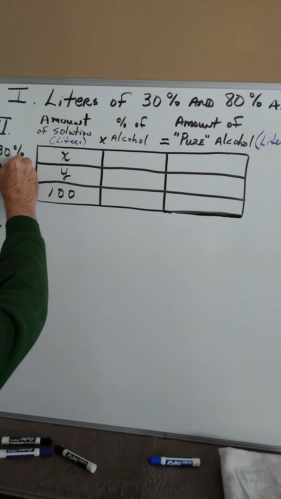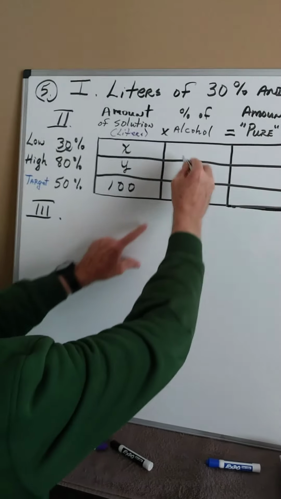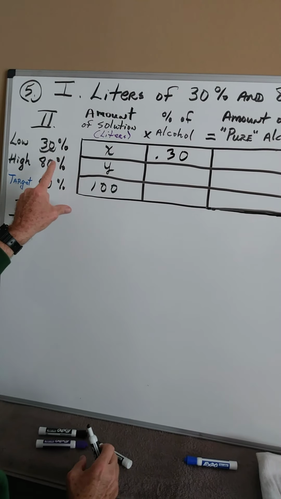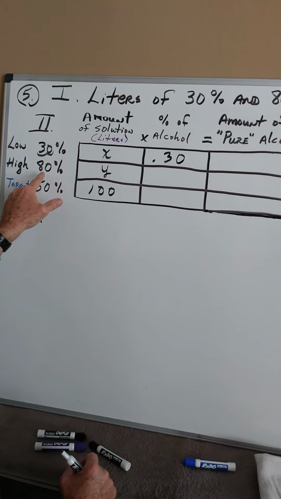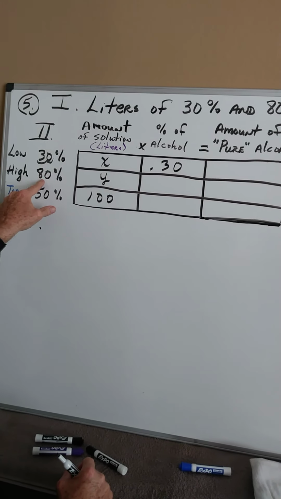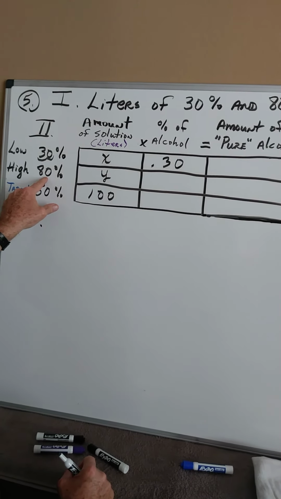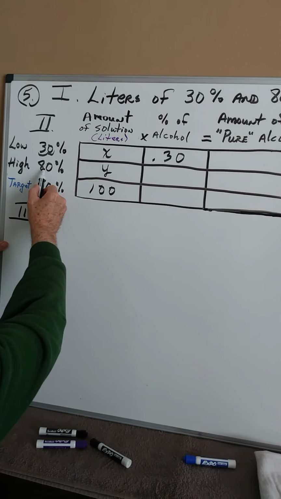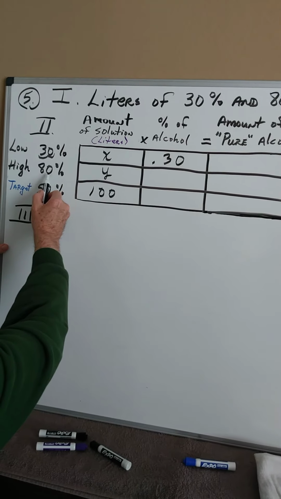We move the point twice to the left. Then he's going to another container that he has in his lab, more heavily doused with alcohol, at 80% strength.